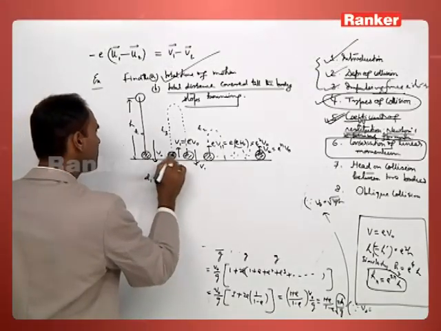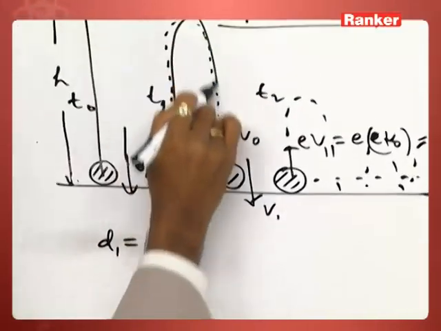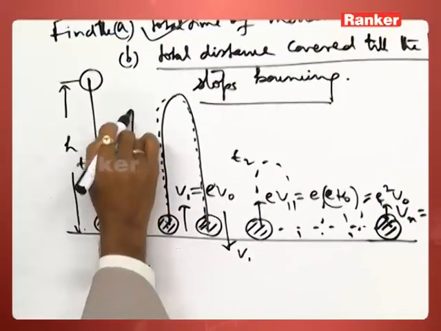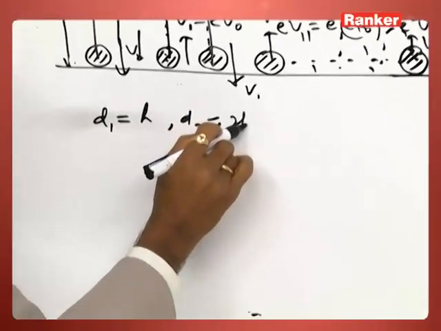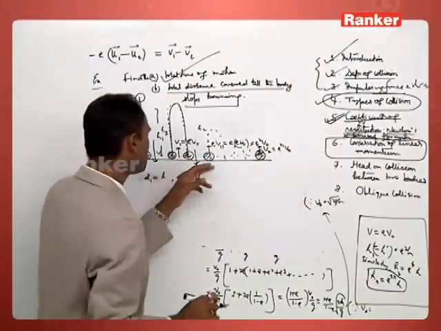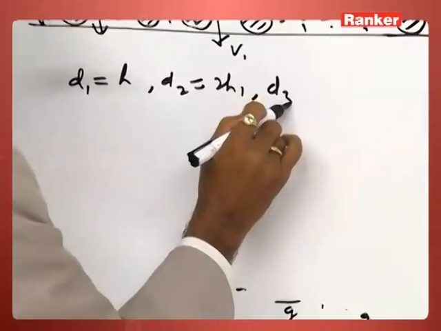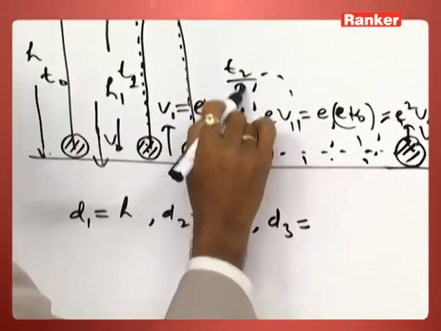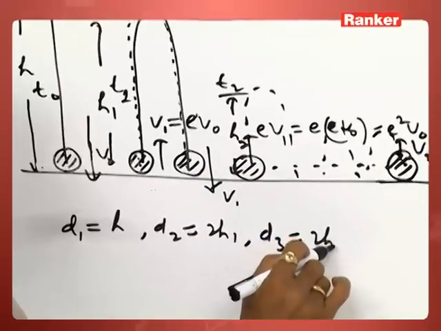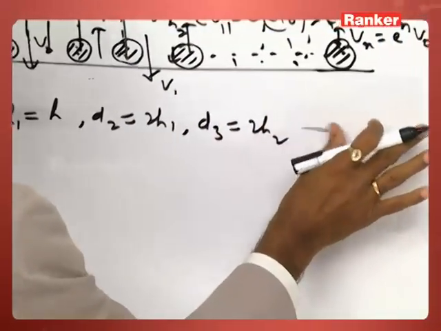Between the first and second collision, the total distance will be h1 plus h1, that is 2h1. During the second and third impact, it covers a distance h2 plus h2, that is 2h2, and so on.